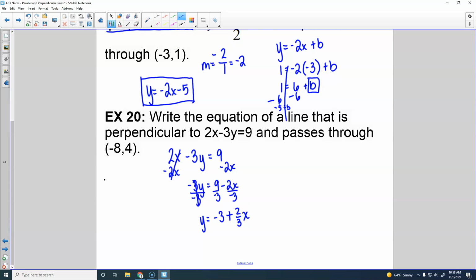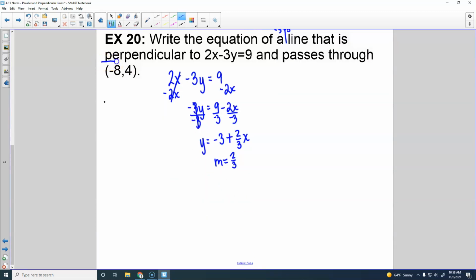Okay. So all of that work was because we don't know the slope of this line. What is the slope of this line? So the slope of this line is 2/3, but we don't want the slope of this line because this says perpendicular. So what is the perpendicular slope? Negative 3 over 2.